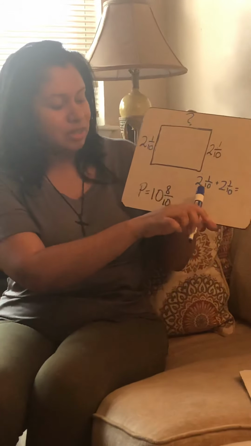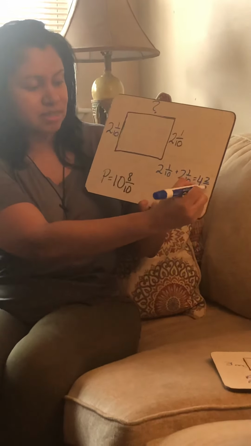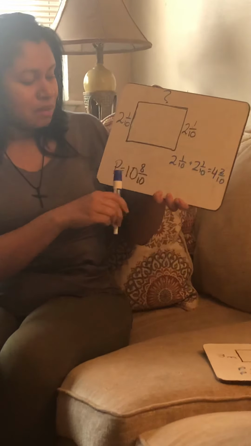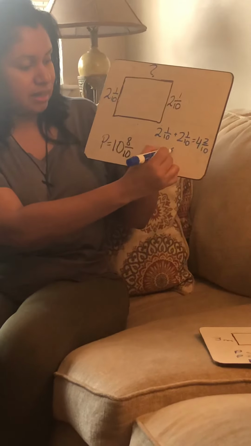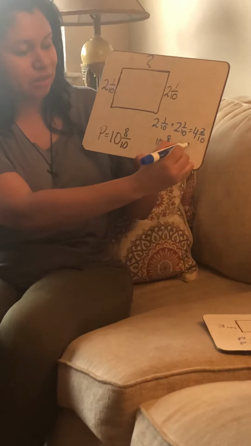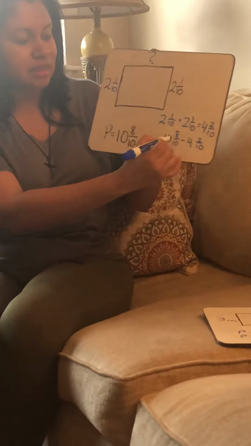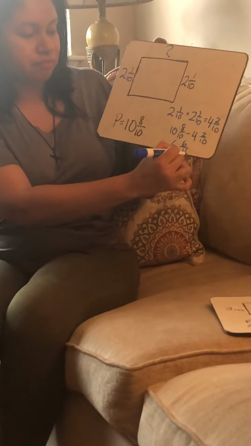Okay, so 2 1/10 plus 2 1/10 is 4 2/10. Do you see that? I'm gonna take the total perimeter, 10 8/10, and I'm gonna subtract that number. I'm gonna subtract 4 2/10, and that equals 6 6/10.